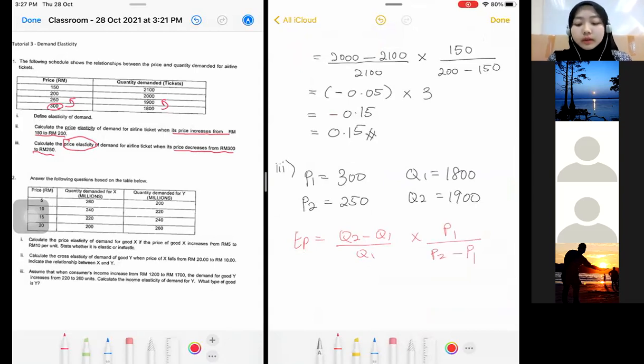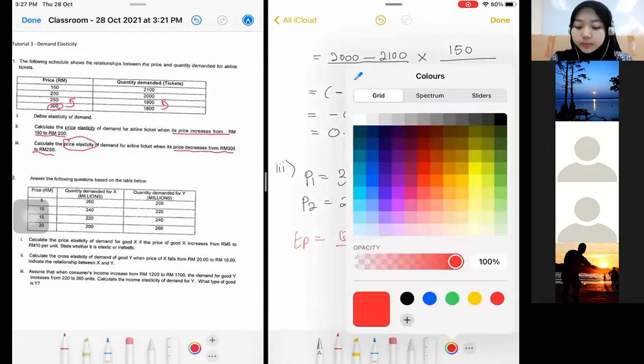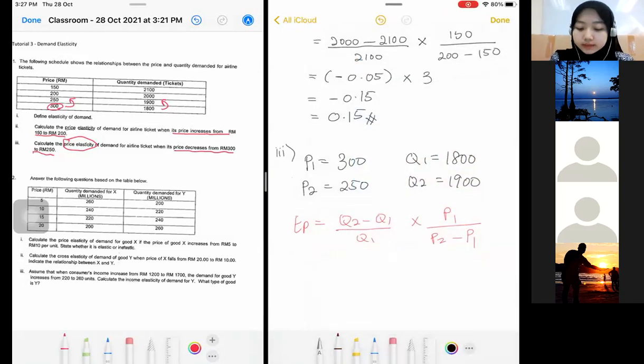If you keep repeating and writing the formula, you will eventually remember it. Now just place the numbers: 1,900 minus 1,800 over 1,800 times P1, which is 300, over P2, 250, minus 300.